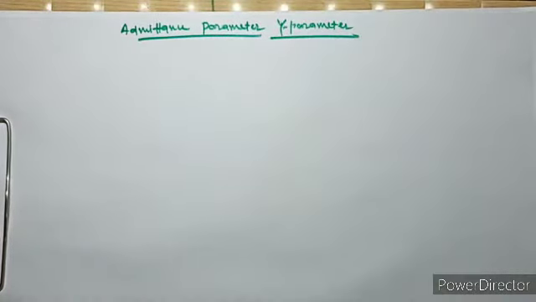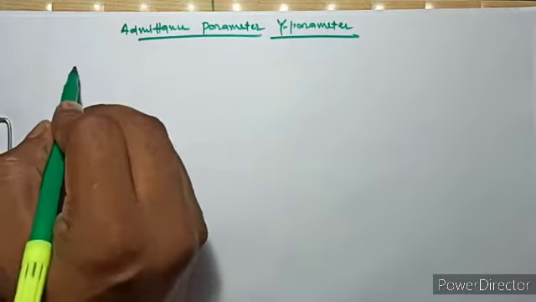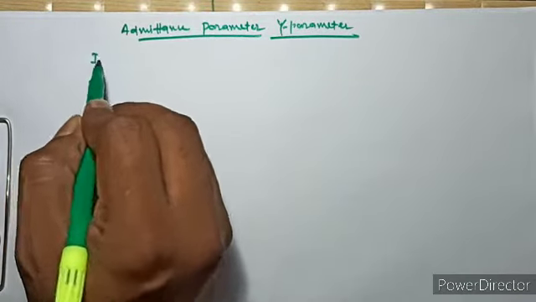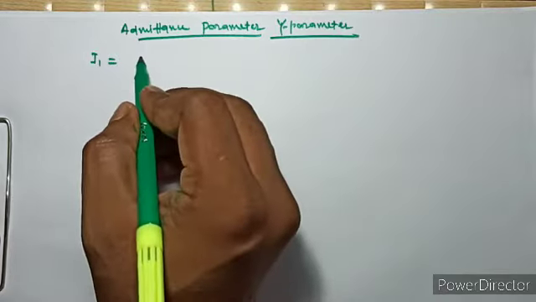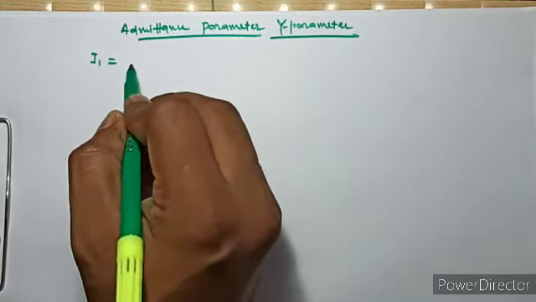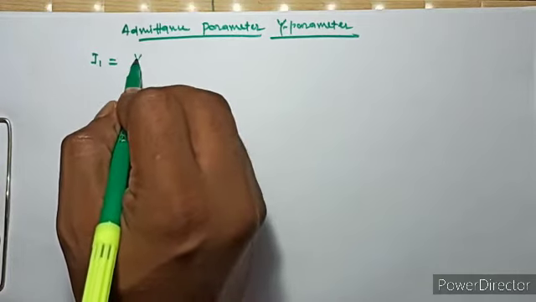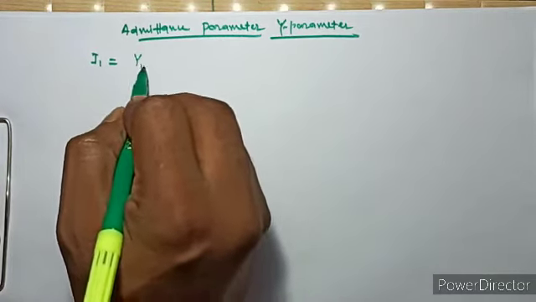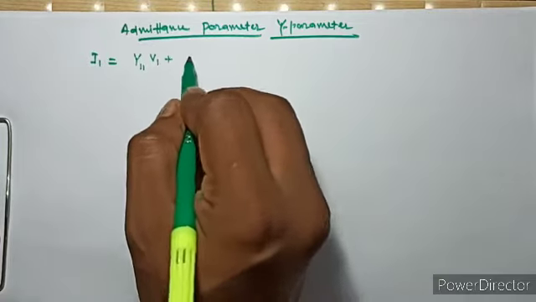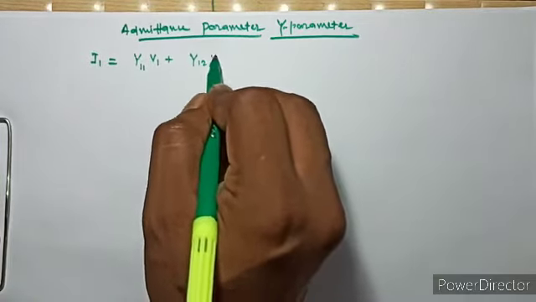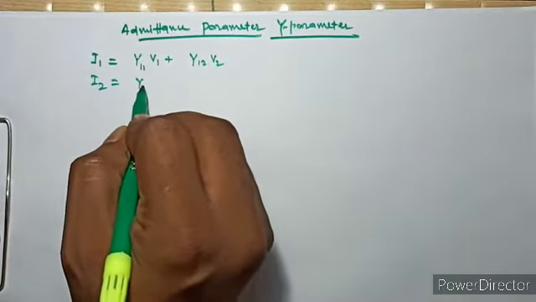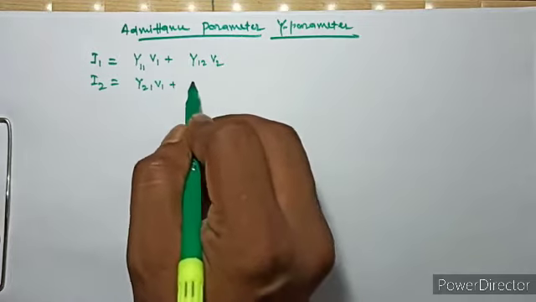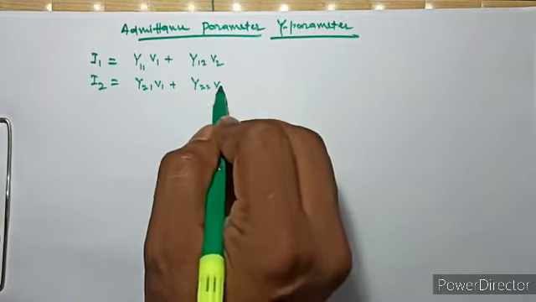In this representation, our port currents are the dependent variables and our port voltages are the independent variables, and the equations are I1 is equal to Y11 V1 plus Y12 V2, and I2 is equal to Y21 V1 plus Y22 V2.